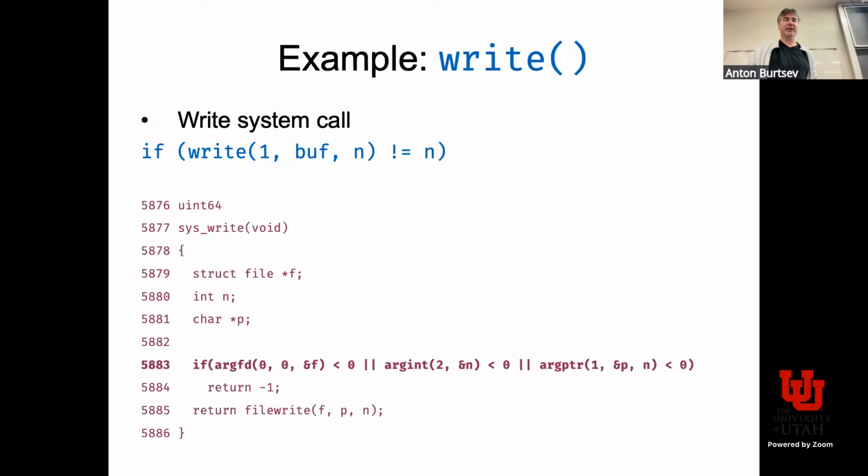For example, this is an implementation of a sys_write system call, which, as I said, takes three arguments: file descriptor, pointer to a buffer, and a number. We talked about how system calls are implemented as an array of void functions. So essentially, a void function itself doesn't take an argument. But in each system call in a kernel, you will be carefully fetching each of those arguments.